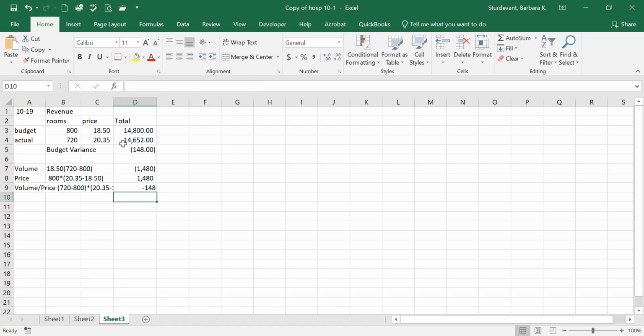And look at that. Now, you're going to see with your cost variance and your revenue variance, these should add up to this. With the labor variance, it's more difficult to make that happen.